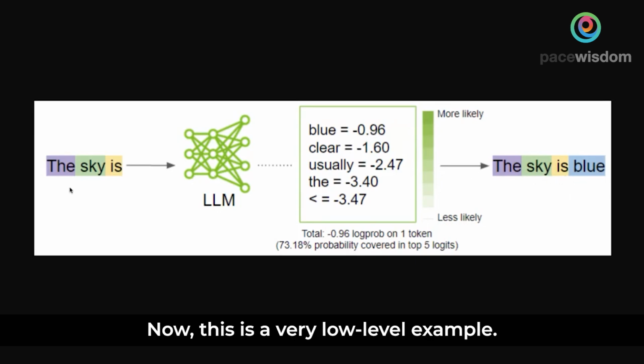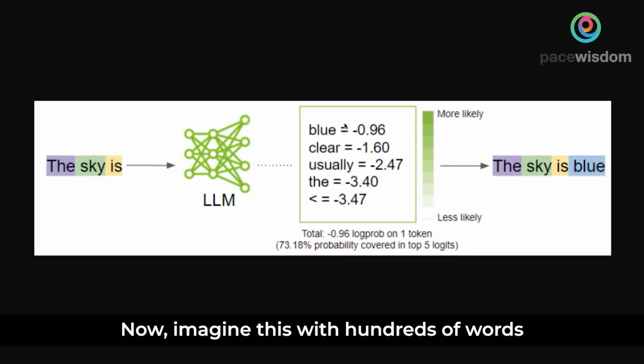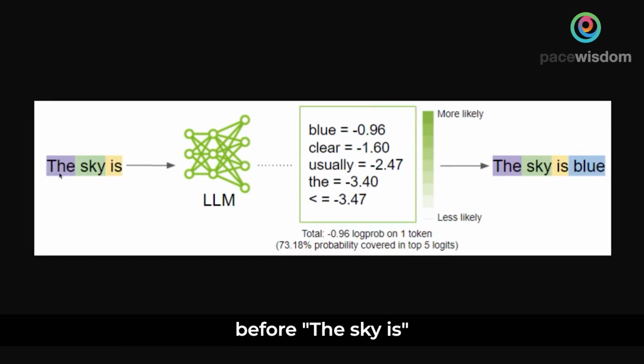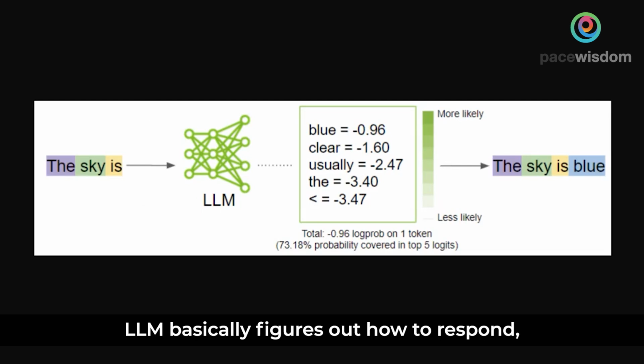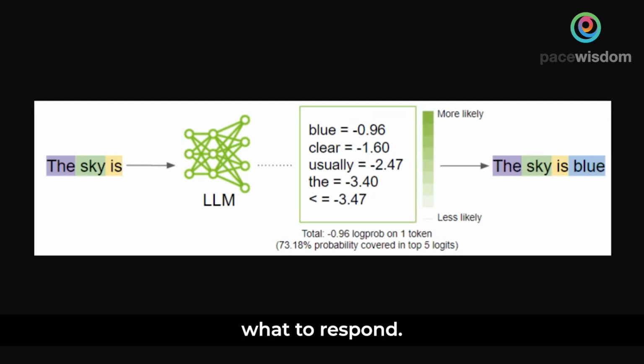Now this is a very low level example. Imagine this with hundreds of words before "the sky is", and it has to predict hundreds of words after it, right? Each next word changes the probability of the next word. Using these probabilities, an LLM figures out what to respond.